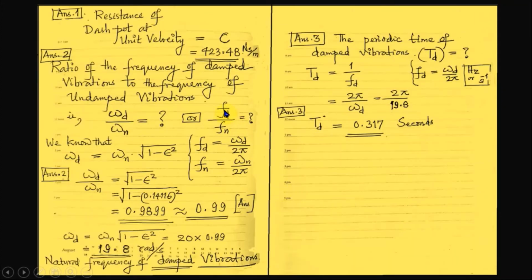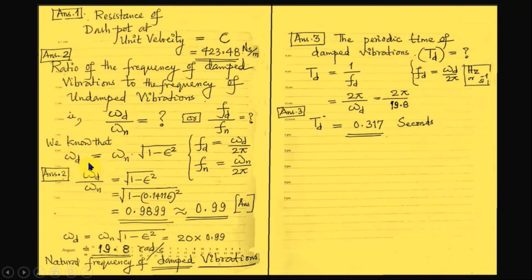Now further, the ratio of the frequency of damped vibrations to the frequency of undamped vibrations. The natural frequency of damped vibrations is omega d, and the natural frequency of undamped vibrations is omega n. So you have to find omega d divided by omega n, or you can say fd by fn.